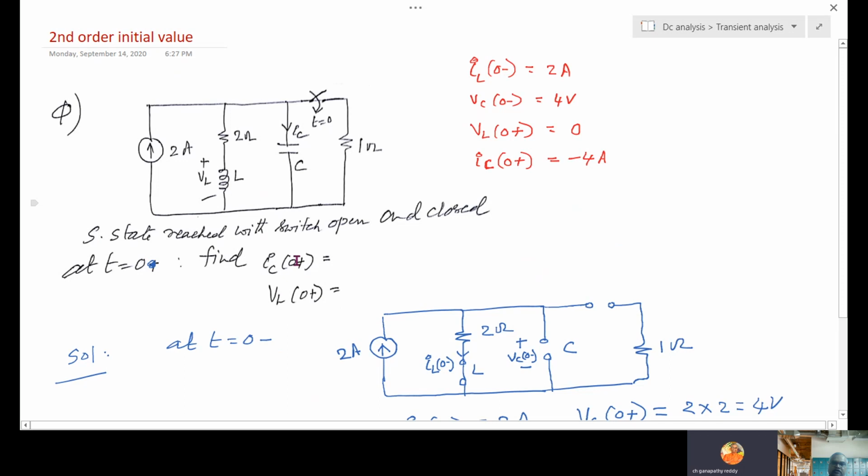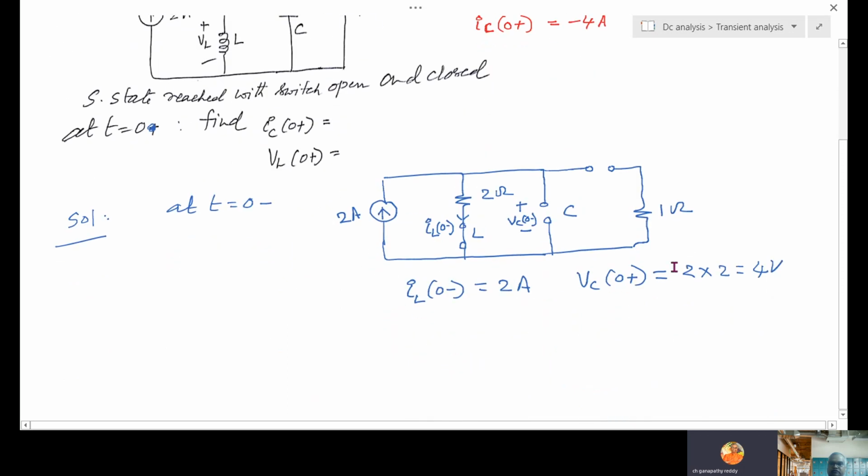Next, what is asked: IC0 plus and VL0 plus. Now again draw the equivalent circuit at t equal to 0 plus. This is 2 amps.